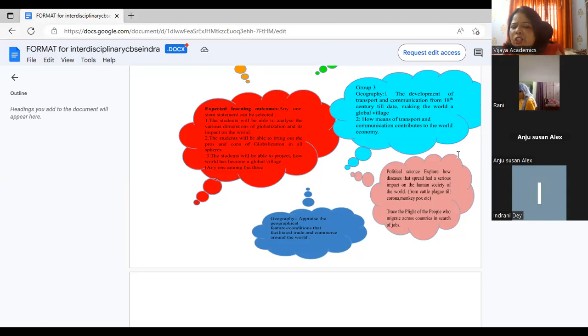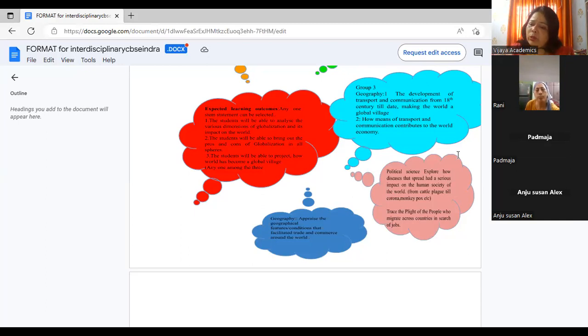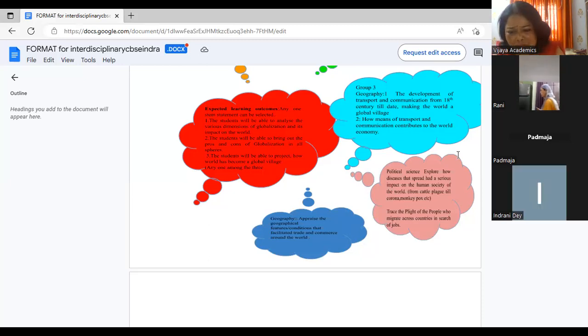Again, due to globalization, all these things happen. Trace the plight of the people who migrate across countries in search of jobs. As all of you know the definition of globalization, people are migrating from one place to another, and therefore these issues are created. These issues are related to political science.